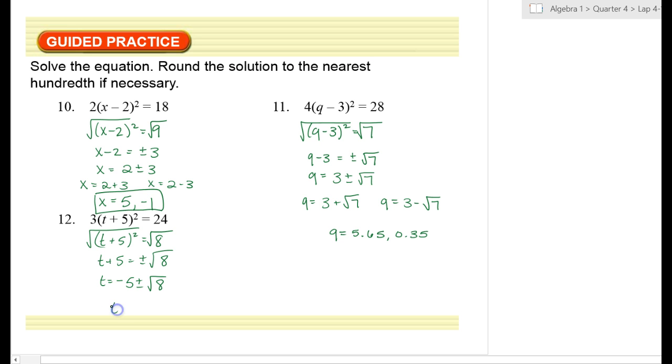When I do both versions, I get negative 2.17 and negative 7.83. And those are my solutions.